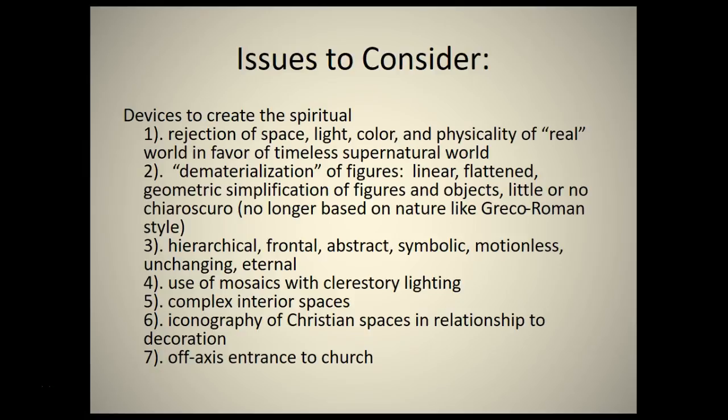We'll see human figures become very linear, flattened, with geometric simplification, and little or no chiaroscuro, which is this kind of shading and value that can make an object look three-dimensional. And this loss of illusion, again, is a movement away from the nature-like Greco-Roman style where they were trying to make observations from nature.